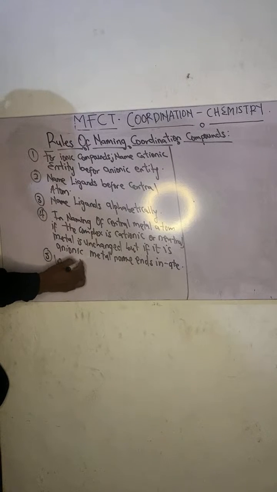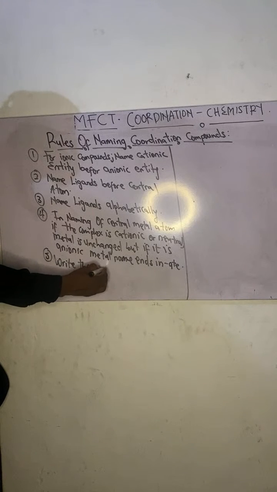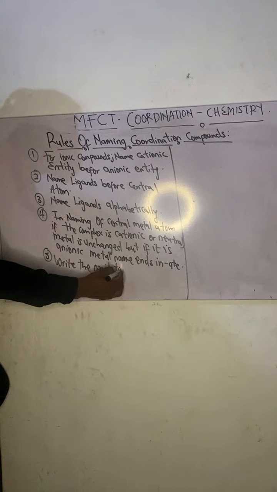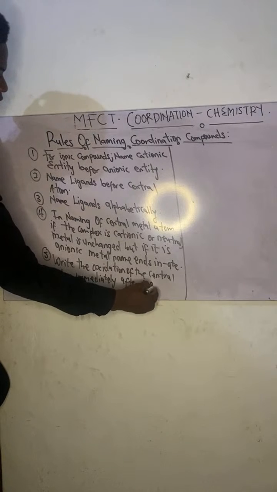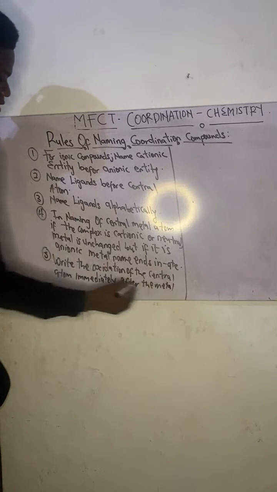Number 5, write the oxidation number of the central atom immediately after the metal name inside parentheses.